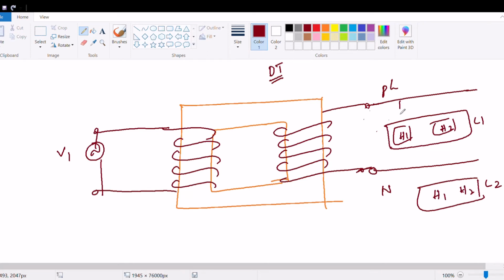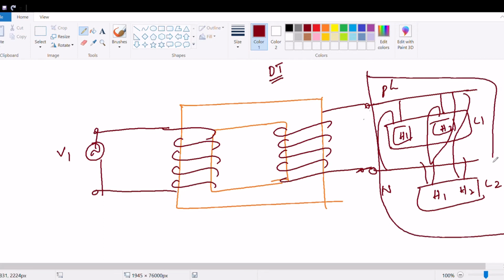These are the service mains. This is a typical distribution transformer network, and all of this is load. You can represent it as a single component, ZL, the load.